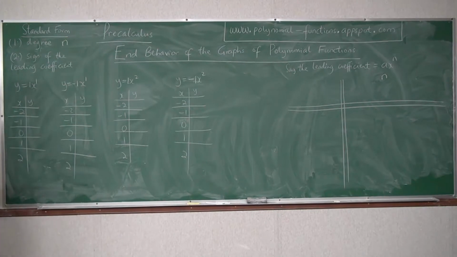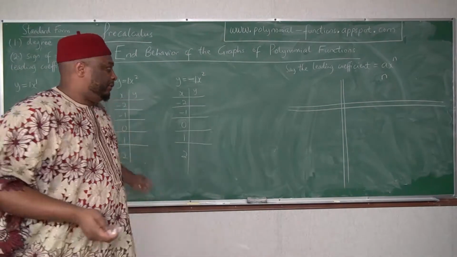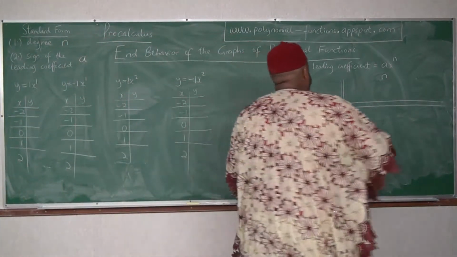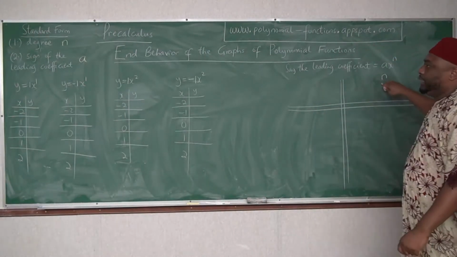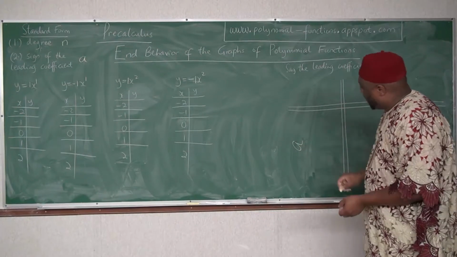Degree n. And then the sign of the leading coefficient, a. So that is all you need to find the end behavior. And we're going to look at how. So I have here the degree n, and then I have here a.